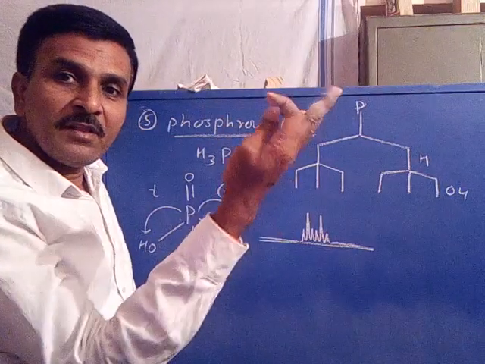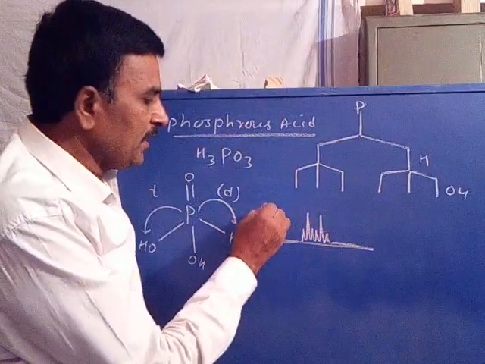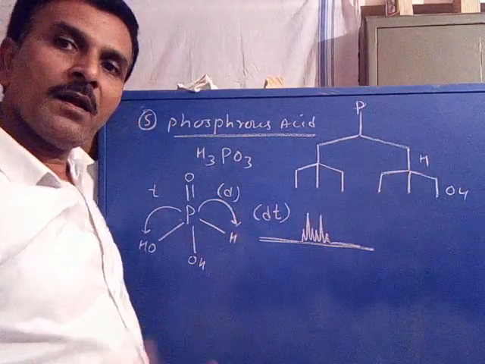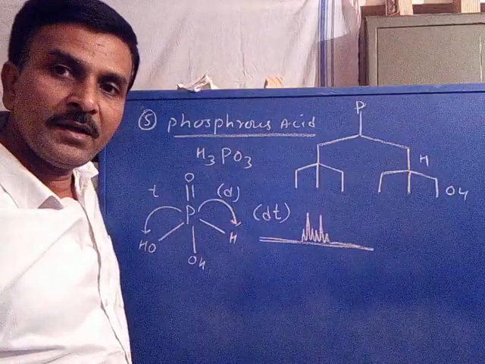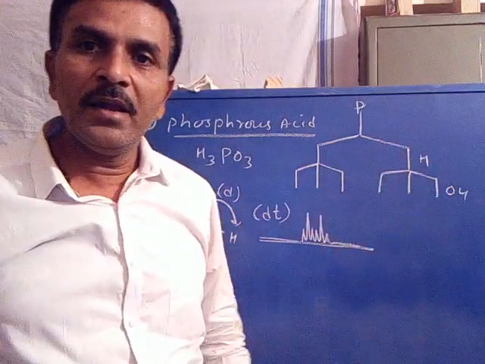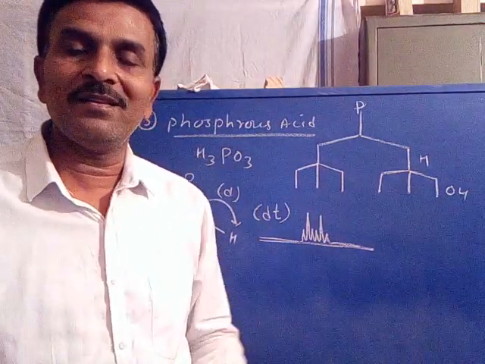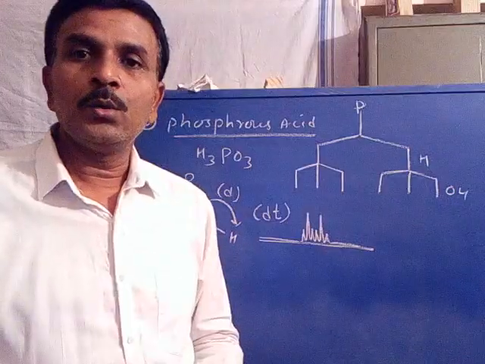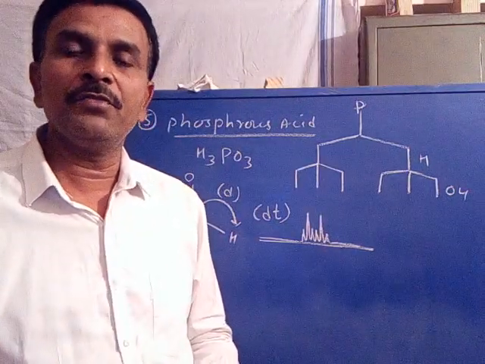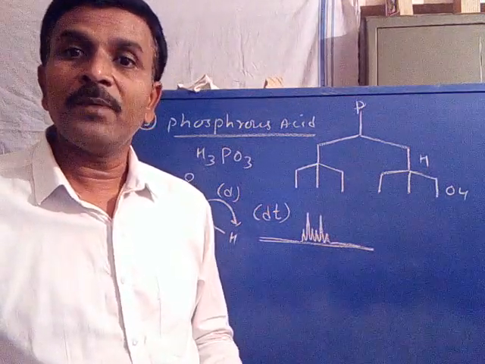Due to the coupling with non-equivalent sets of protons. This signal is represented as DT, doublet of triplet or double triplet. First is the doublet followed by a triplet. So one signal appears with six lines consisting of two triplets, with 1:1, 1:2:1 and 1:2:1. This is the phosphorus NMR spectroscopy for phosphorus acid.